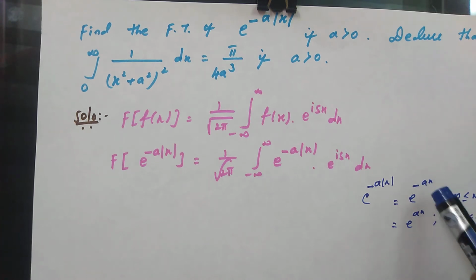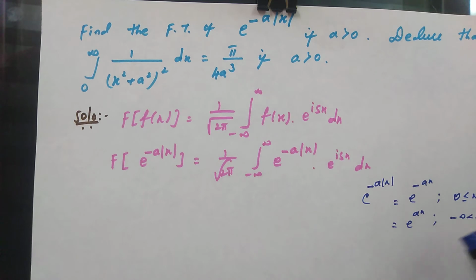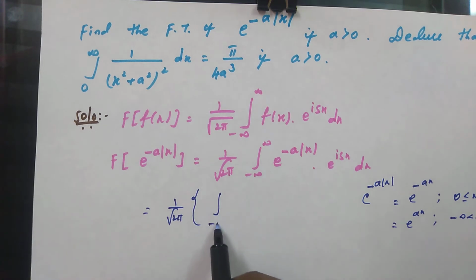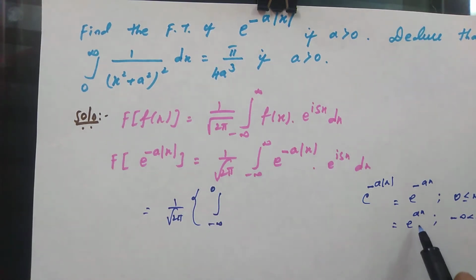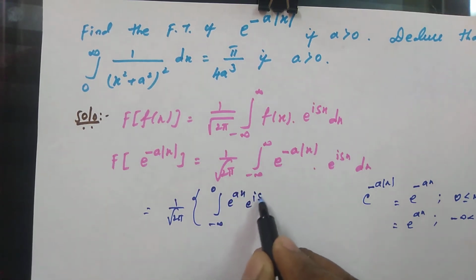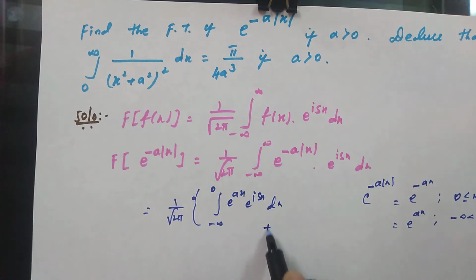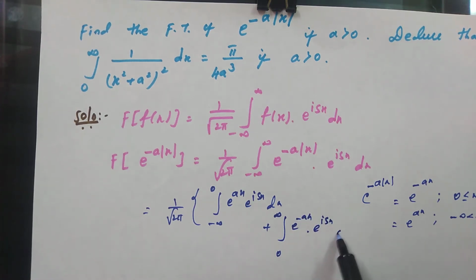So, in the next step, instead of minus infinity to plus infinity, we are going to split it into two integrals, which is equal to 1 by root 2 pi integral minus infinity to 0 of f of x, that is e power ax, e power isx dx, plus integral 0 to infinity of e power minus ax into e power isx dx.